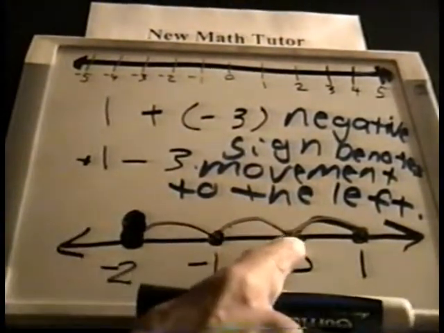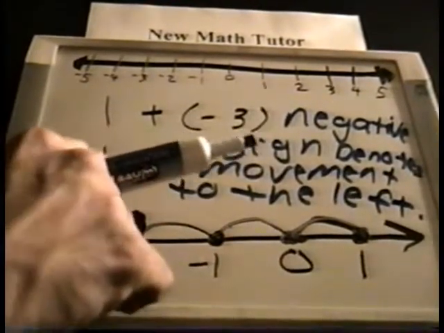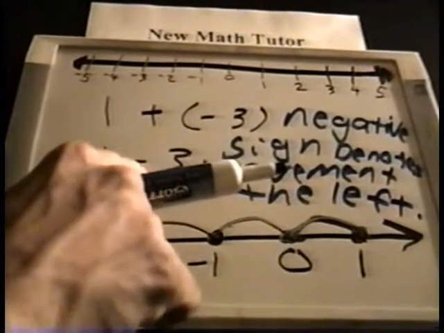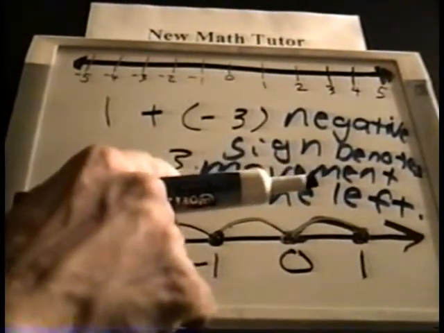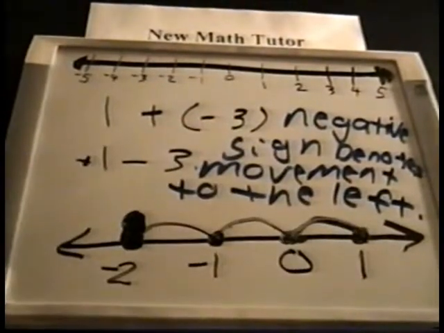And here we end up at negative 2. So we started at 0 and went right 1 time. Then we went left 3 times from 1.